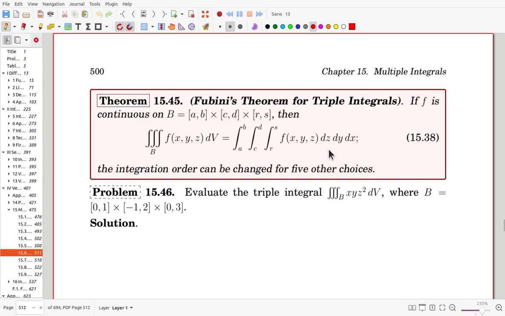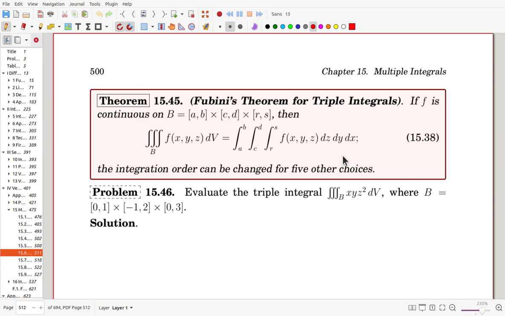Of course, you can get the same answer by using other choices of order. There are 3 elements, so 3 factorial is 6. So there are 6 different orderings, but everyone will get the same answer.